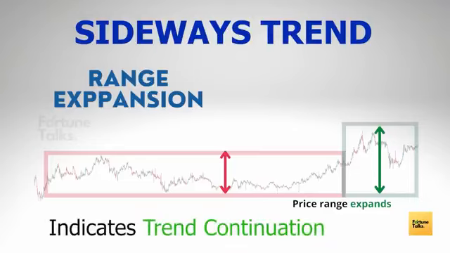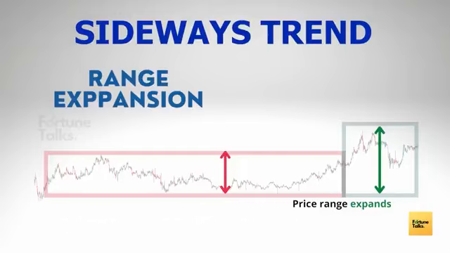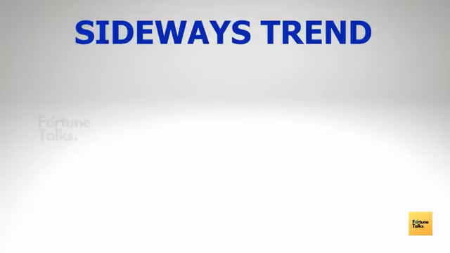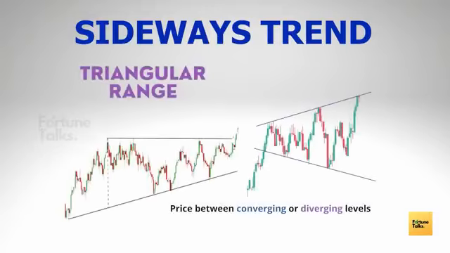That is, if there was a prior uptrend, it is an indication that the uptrend might continue in the future. But it is not for sure. Now the final type of sideways trend is the triangular range, where the price shrinks or expands not between two fixed horizontal levels, but rather an expanding or converging level.